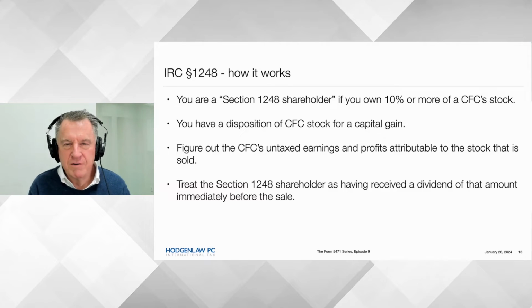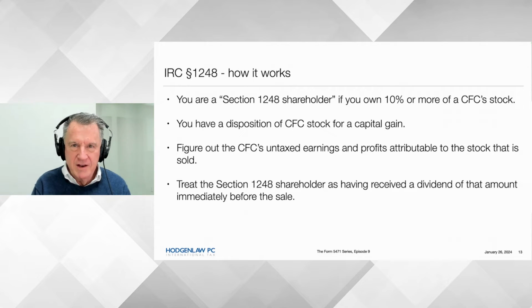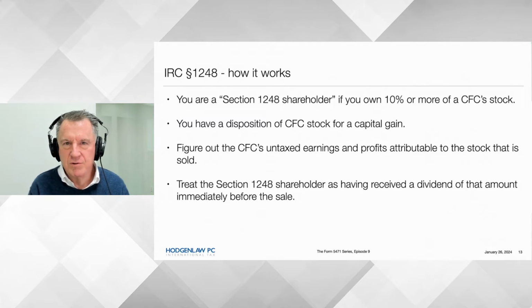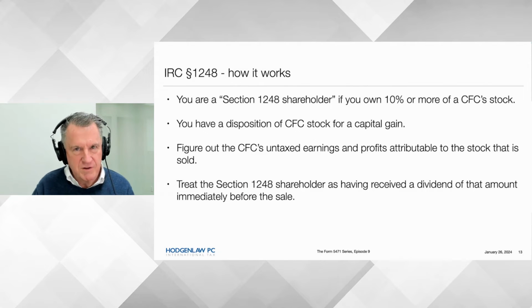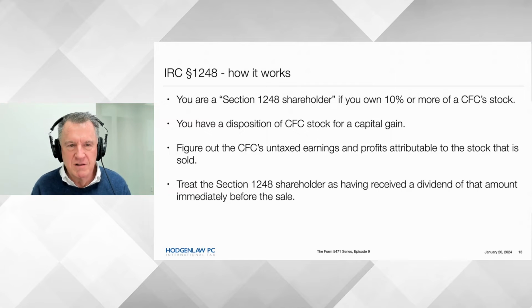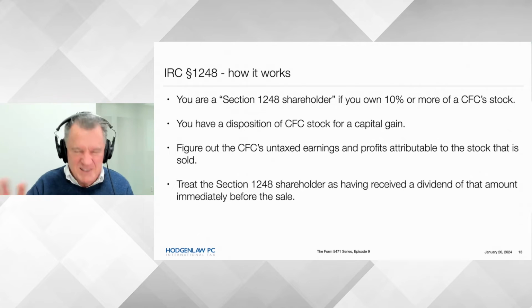So for an ordinary individual shareholder, Section 1248 can only either keep things at par, so all the gain on sale is taxed at 23.8%, or it can make it worse. Some of it, the capital gain portion, will be taxed at 23.8%, and the dividend portion will be taxed at ordinary rates. But that, in a nutshell, is how it works. And of course, there's just endless Baroque exceptions and rules and curlicues and whatnot, but that's the idea.